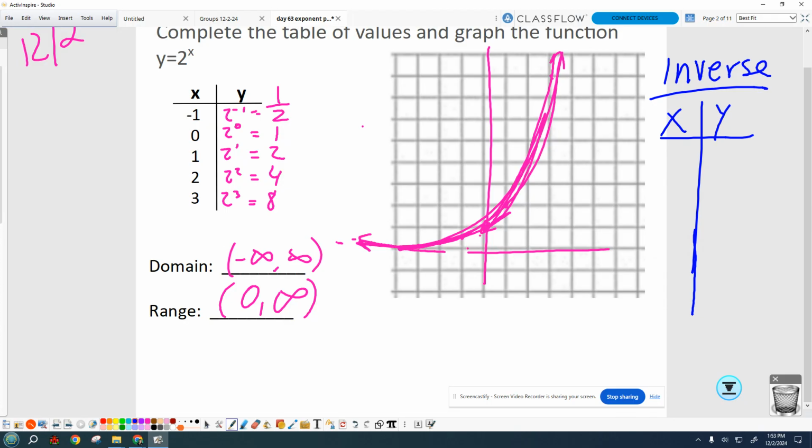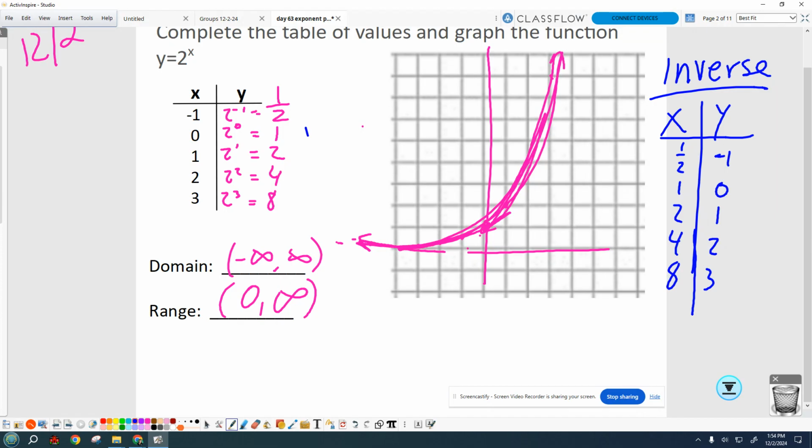So Angel, put the y values here in the x column, so what's my column gonna be here? 1/2. Just 1, 2, 4, 8. And this was -1, 0, 1, 2, 3. So graphing the inverse is just trading the x and y's.